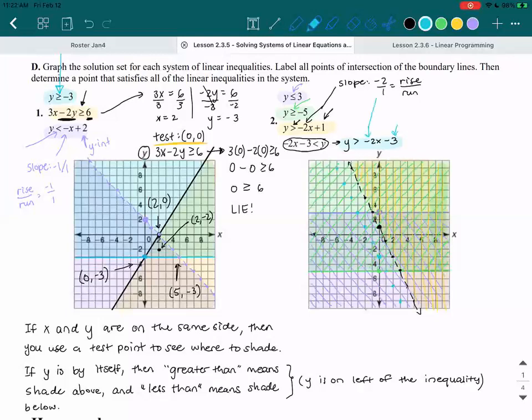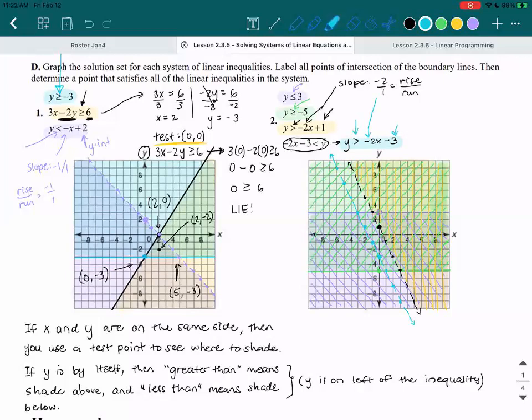Okay, and then once we do that, let's take a look at our symbol. Does our symbol want a dotted line or a solid line? If you look here, if you don't see the equal to line, then it must be dotted. So I'm going to connect it with a dotted line. All right, so here's my dotted line that goes through. And it says y is greater than, which means I'm going to shade above.